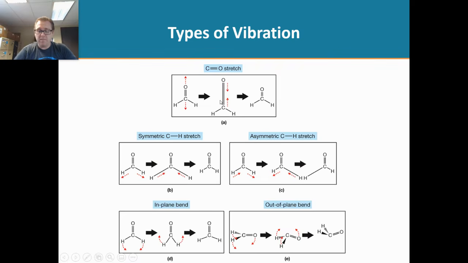So up top here is formaldehyde. Okay. Now we could see that we could stretch the carbon-oxygen bond like this, and then we can also compress it. So that is an example of a stretch of the carbon-oxygen double bond.